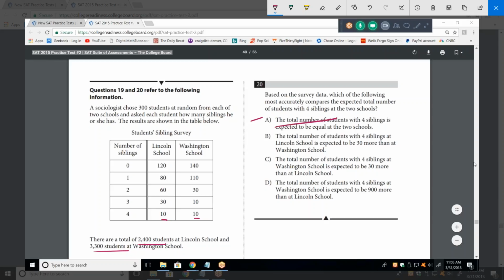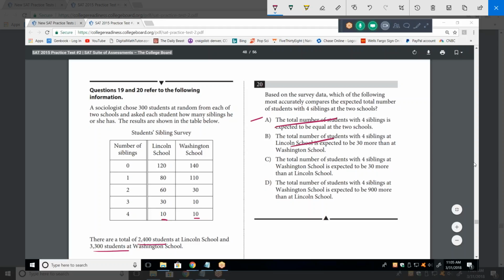Look at B. Total number of students with 4 siblings is expected to be 30 more than Washington. Well, no, immediately no, because it should be less, right? Which means we don't have to spend the time doing the math.